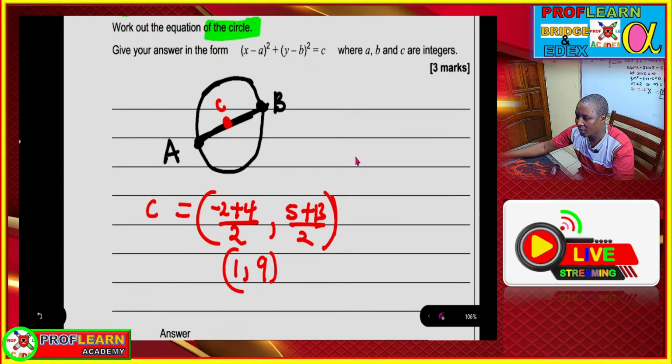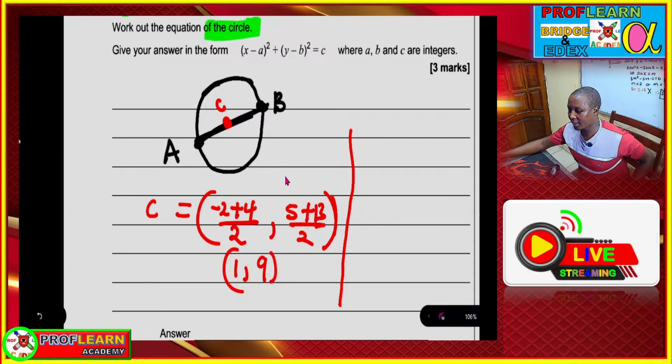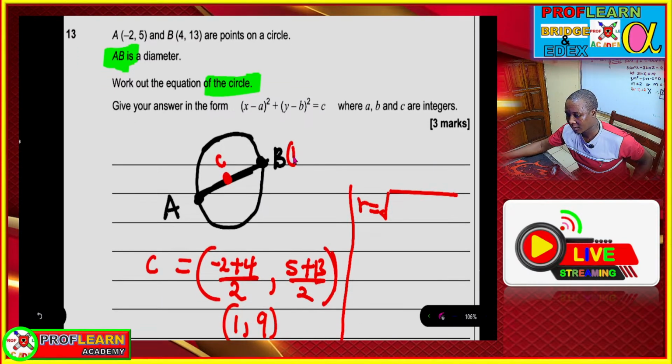Then once you have gotten the value of the center, we need to find the radius, and the radius is going to be the magnitude between the center and one of the points. For instance, our B coordinate is 4, 13.